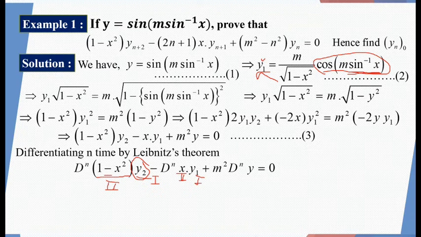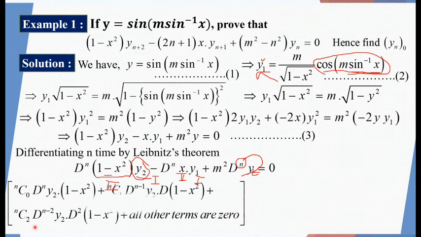And there is only the y. So the power will come into the suffix of y, because nth derivative of y can be represented as d ny over dx raised to power n, or in the suffix of y, that is yn, because first derivative is represented by y1, second derivative by y2, third is y3, fourth is y4. So nth derivative can be represented as yn.